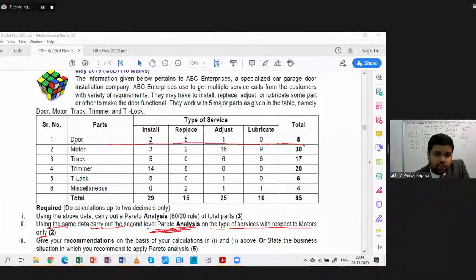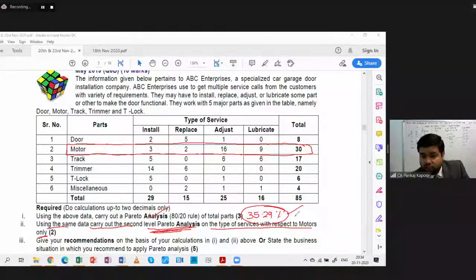He asked us to consider only the motor, because when we performed the Pareto analysis in the first part, which item did we find significant? If you see the question we solved on the board, the motor represents 35.29% of the total importance.